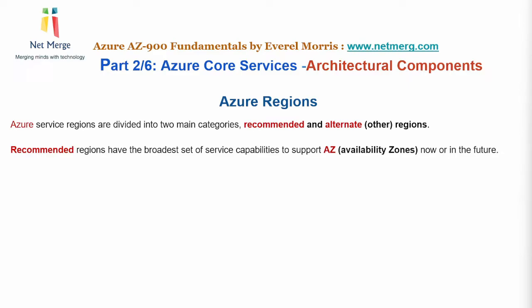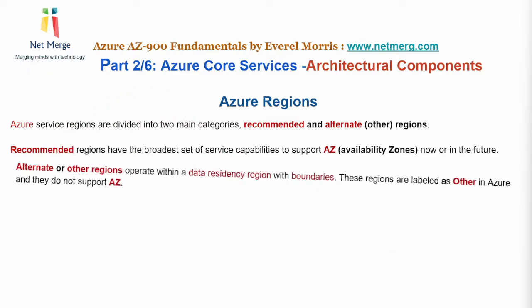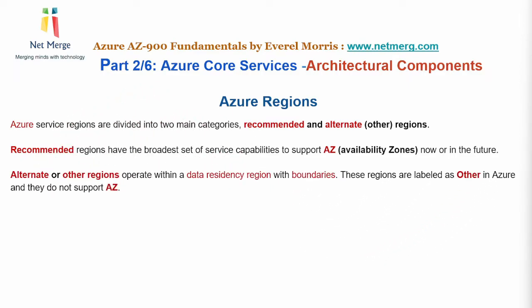Recommended regions offer the broadest set of available capabilities and support availability zones now or in the future. So they are already up and running and can expand. Alternate regions are referred to as other regions, and they operate within a data residency region with boundaries. These regions are labeled as other in Azure, and they do not have availability zones.